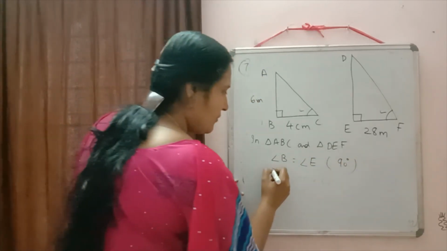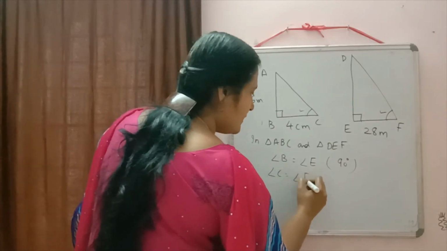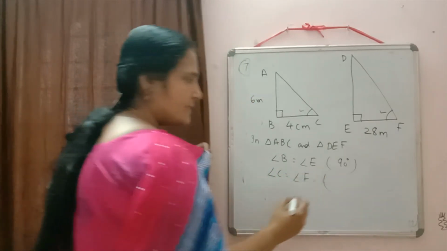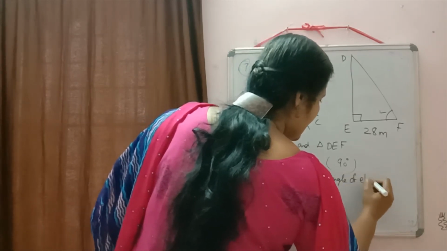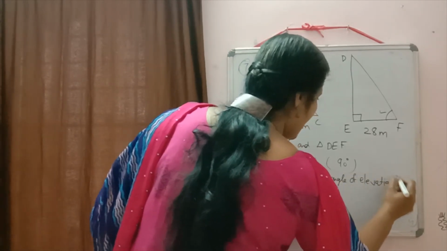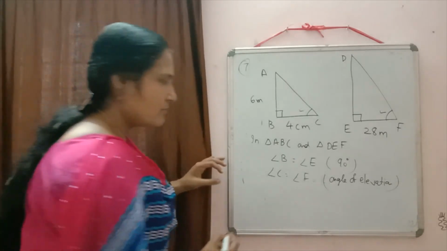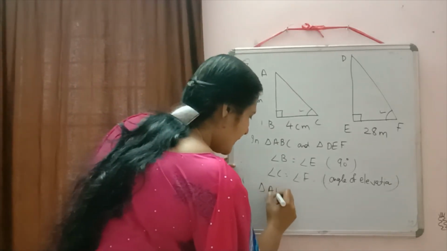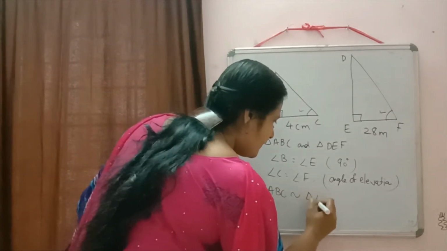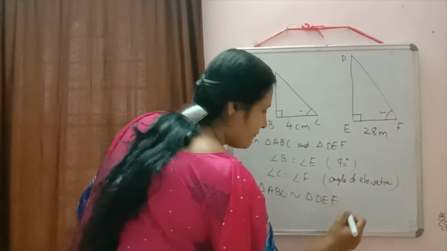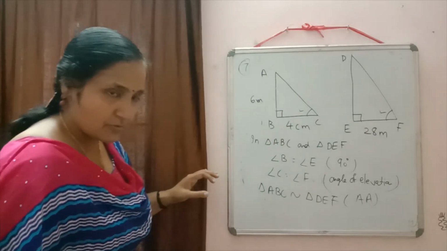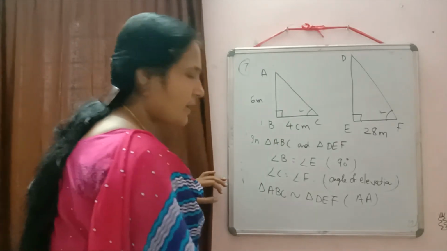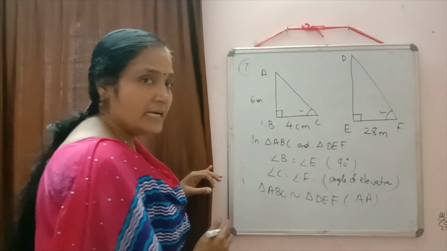And then one more, we have angle C is equal to angle F. Here reason will be angle of elevation, at the same time, that's why they are equal. So we can write triangle ABC similar to triangle DEF. Which criteria? AA criteria. If the two triangles are similar, corresponding sides will be in the same ratio.